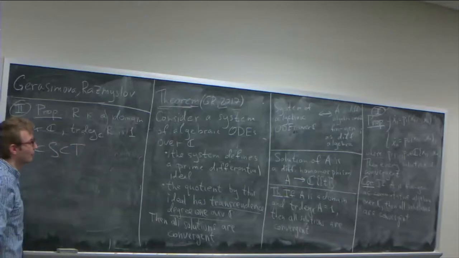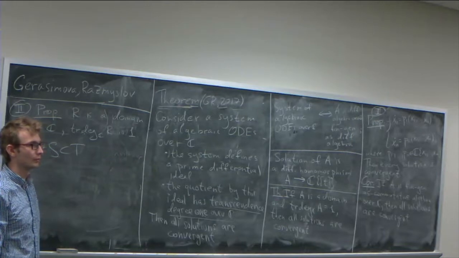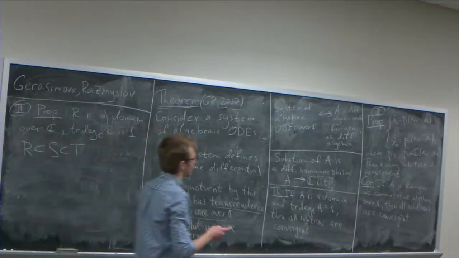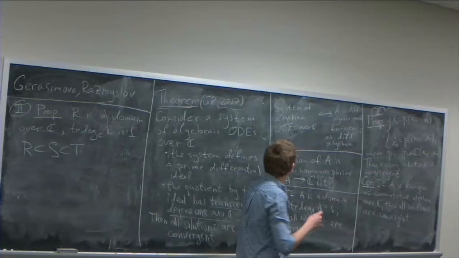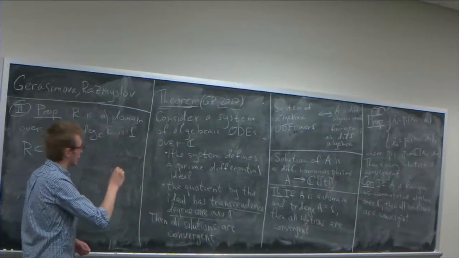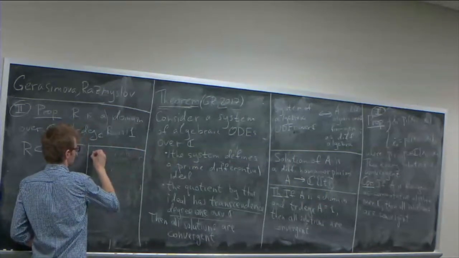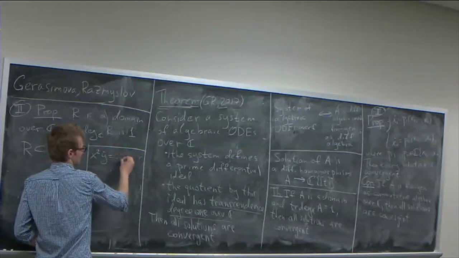Could you clarify how something like this would fail in that example? What was wrong with that example? That's a good question. In that example, you had x squared times y dot equal to something.